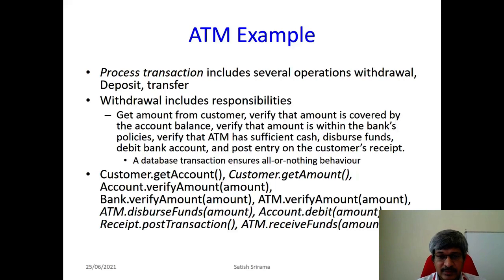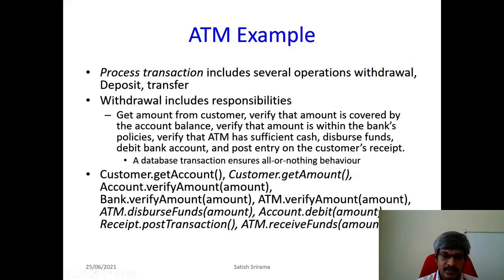Now, all these responsibilities become operations, and these are the operations you are trying to put into the respective classes. If you look at them in this example, get the account will go into the customer class, and get the amount will go into the customer class. Verify the amount will go into several classes actually: the account, the bank, and also the ATM, because the ATM should have enough money.